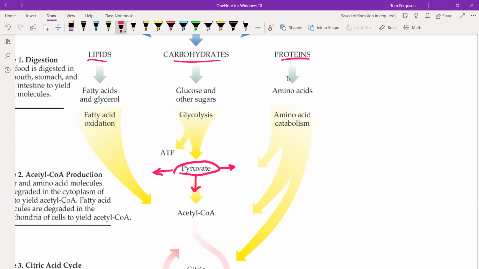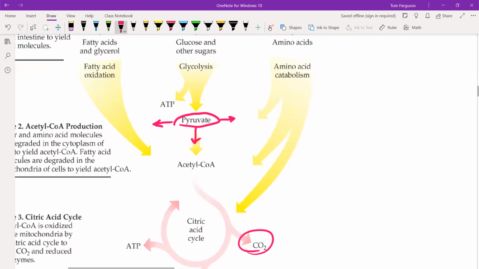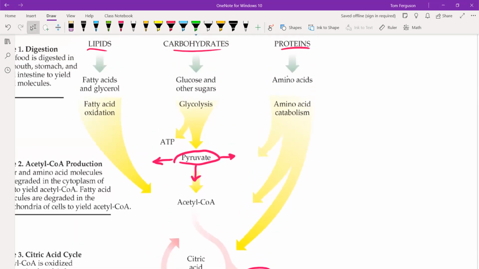If it teams up and creates acetyl-CoA, that can then enter the citric acid cycle, or it can be used by bacteria, fungus, and yeast that do not go through the citric acid cycle.